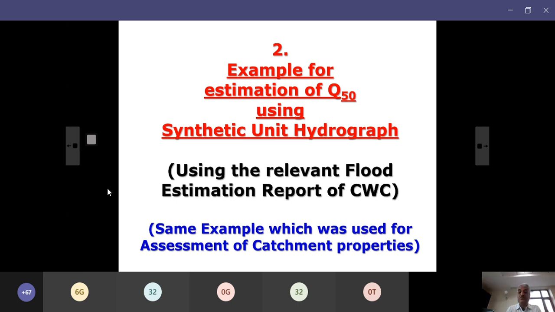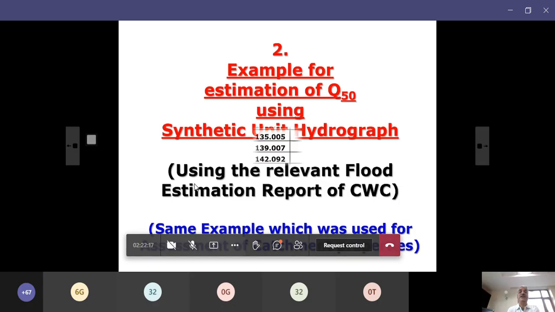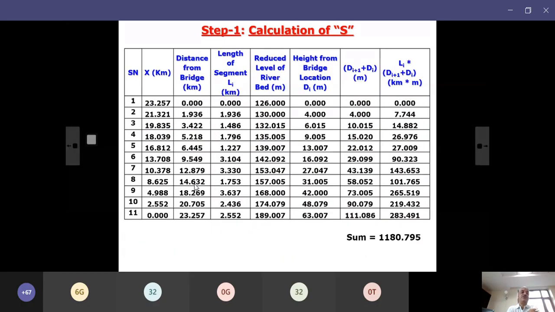Okay, so let us see this example for estimation of Q50 using synthetic unit hydrograph. So first of all, we have to calculate S. First thing. So here, this data, if you remember, this is the same data which we have taken from catchment area properties, and this too, reduced level.